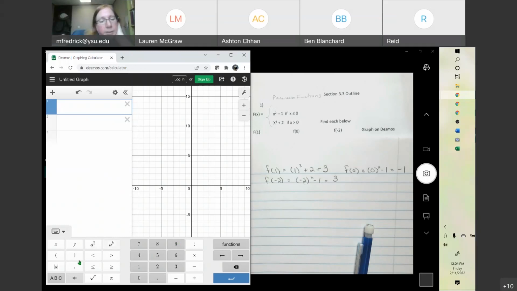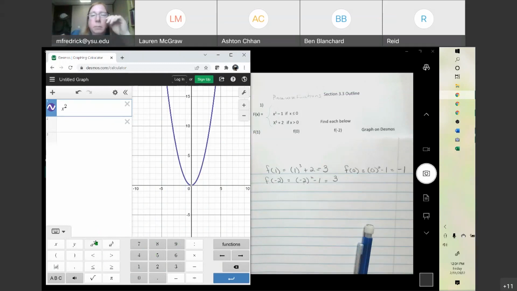Now, if you want, you can bring a table up like this, or for the squared, you use a caret to get it up there. But we can go x squared minus 1. And there's our parabola. But we only want the parabola when x is less than or equal to 0. So we want it from here and then to the left.